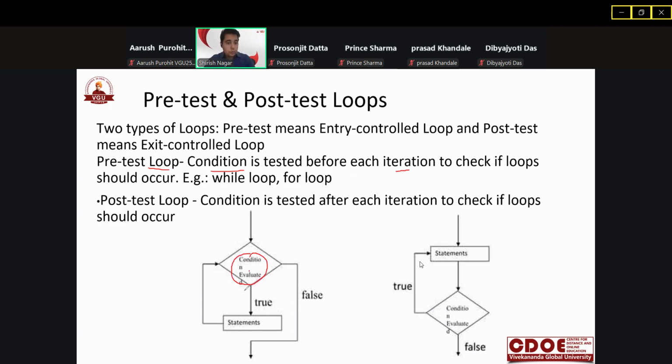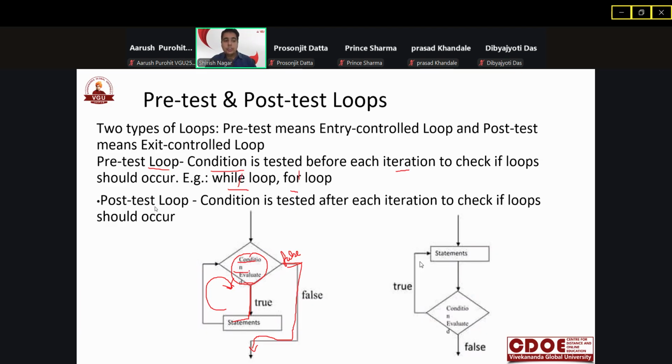If the condition is true, then only you will go into the loop. You will continue in this loop. As soon as the condition becomes false, what will happen? You will come out of the loop. But if you want to continue in the loop, you have to check whether the condition is still holding true. Okay, so this is called pre-test loop. There are two types of pre-test loop, while loop and for loop. So these are two keywords, while and for.